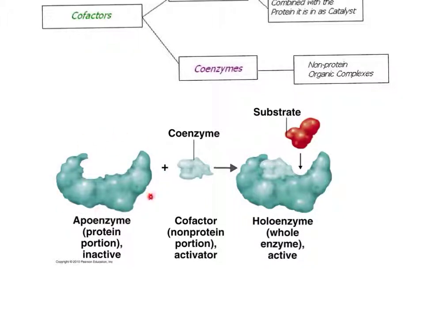Here's an inactive form of an enzyme, but the coenzyme has to bind to the enzyme in order to make the shape of the active site for the substrate to fit into. Without this coenzyme, the substrate wouldn't fit into this active site. So that's a coenzyme, which tends to be a large organic non-protein molecule.